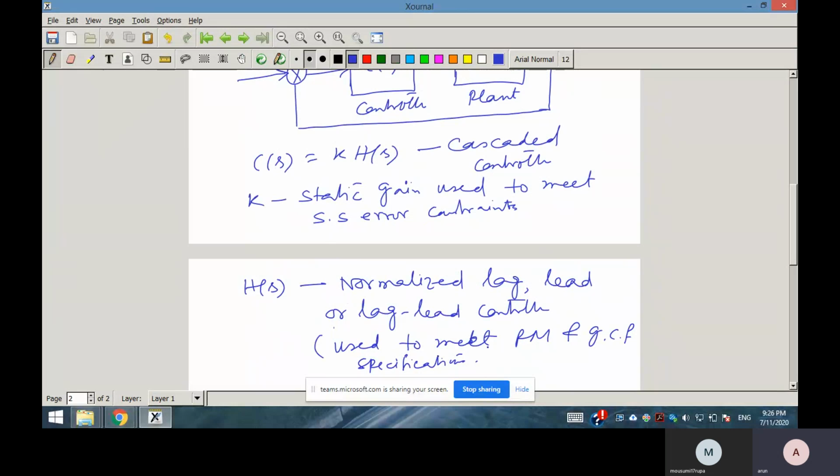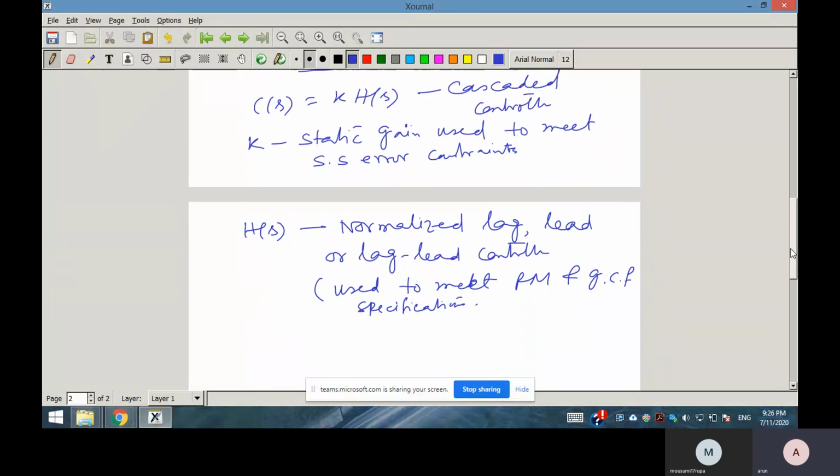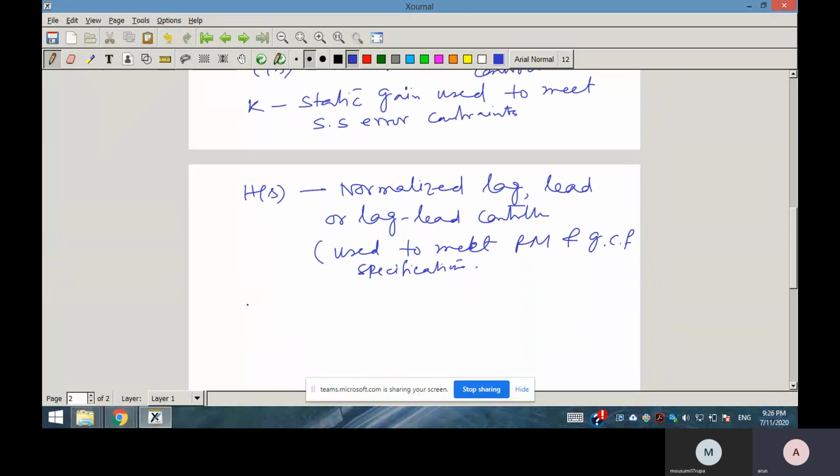So now, steady state specification, how will you meet it? For example, I have to meet some KP. What is KP? So to meet steady state specifications, how will you meet them?